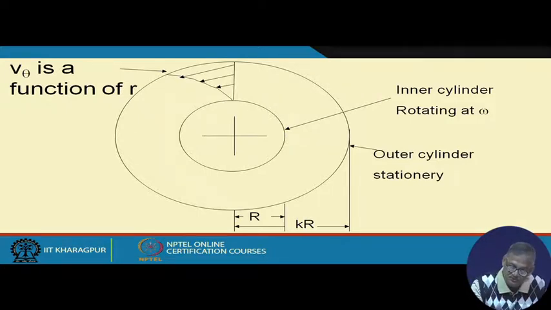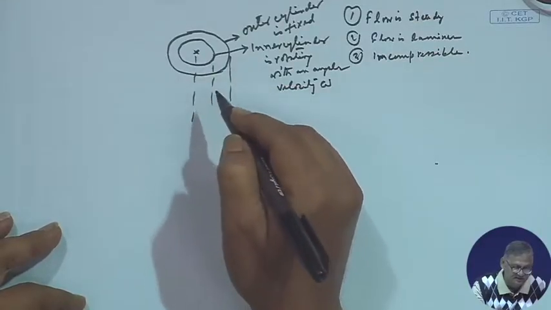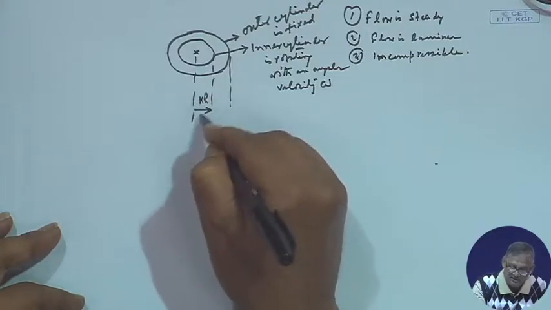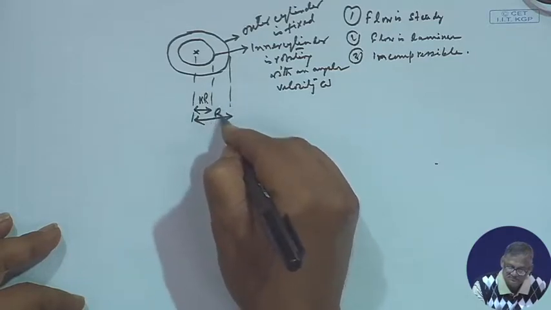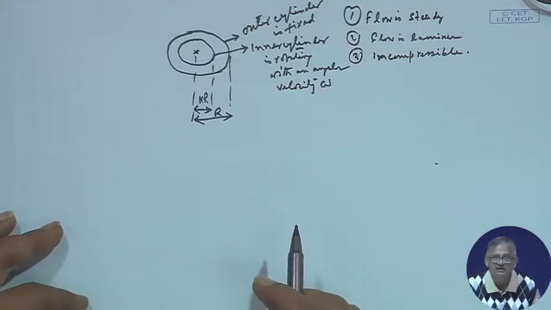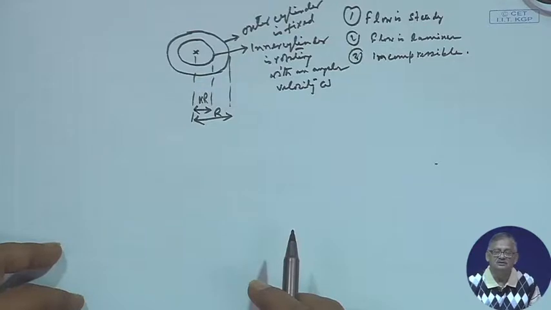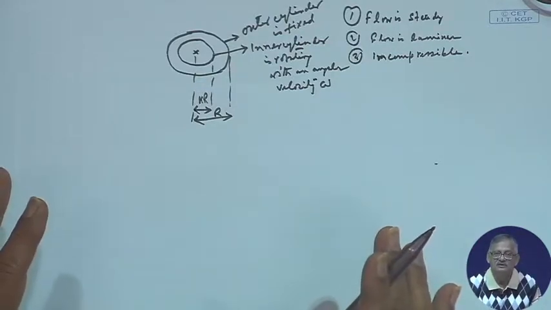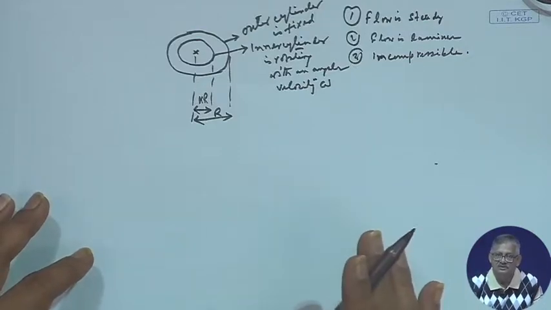Now, if we do the reverse, that the inner one is kr and the outer one is r, so what will be the change in the expression, right. That is our fundamental thing which we are repeatedly showing you, so that you have all sorts of problems solved.